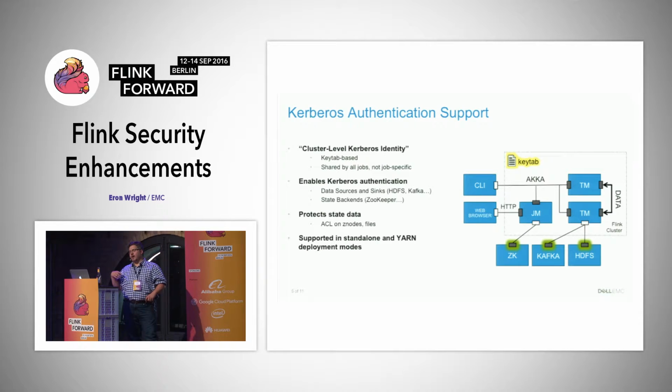In a minute, I'll show you how this is configured, and you'll see you basically supply this key tab. It gets pushed up into the cluster in a Mesos or Yarn specific way, and then it's available whenever these connections are made.